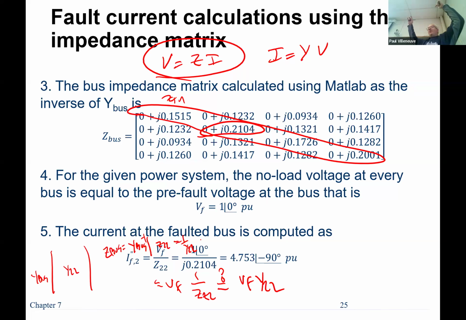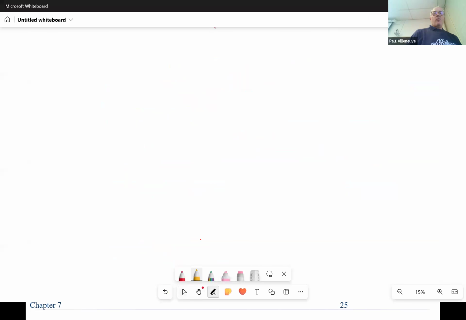Everybody know how to invert a matrix? Tell me if I'm going too far. If I have Y and I want to invert it, what I have to do is multiply it by the identity matrix, and then eventually this has to look exactly like that. That's what the inversion is. So you have to make it the identity matrix.